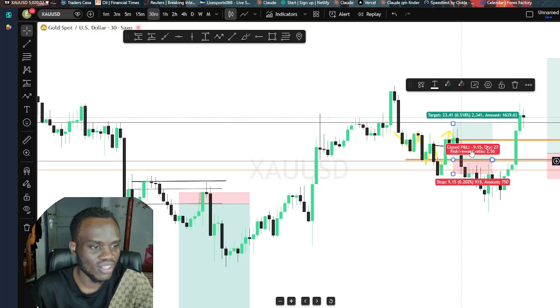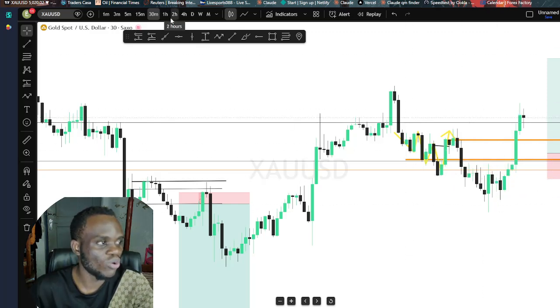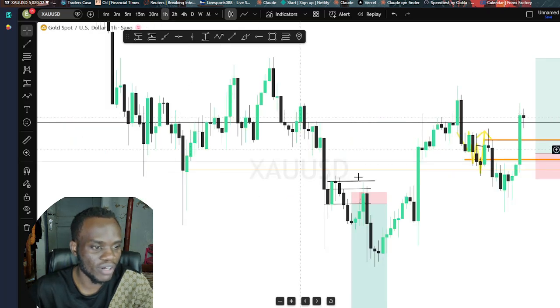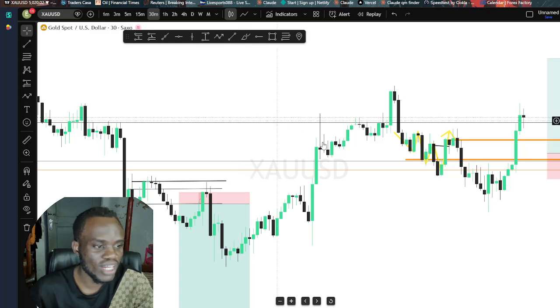When I focused on selling, I went to the 1 hour time frame. What was I seeing? I was seeing nothing. So I wanted to use this model, because when a zone is broken, it has to be used. Here we had two zones, this zone in orange and this other zone.